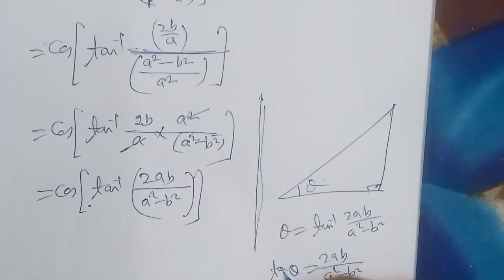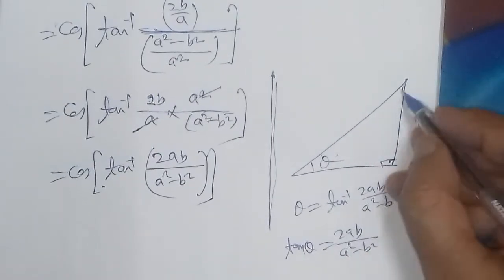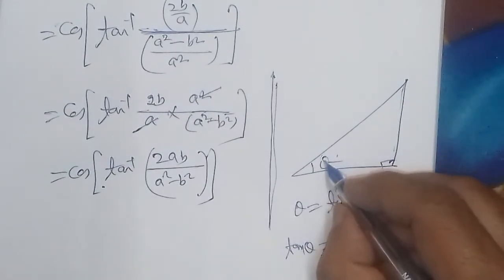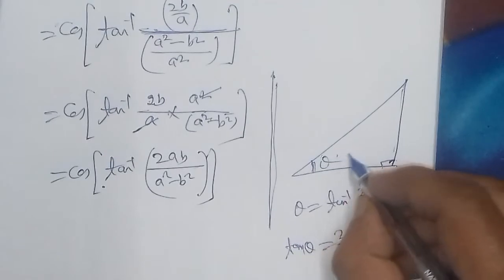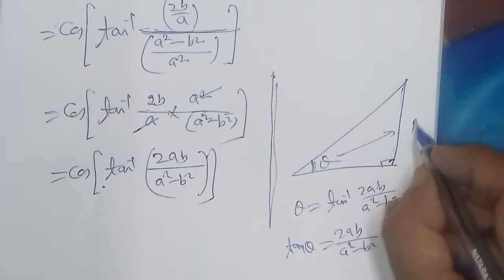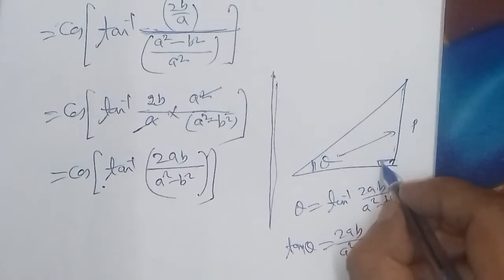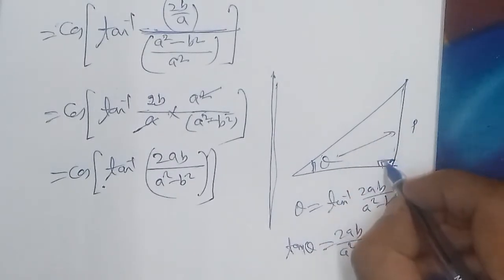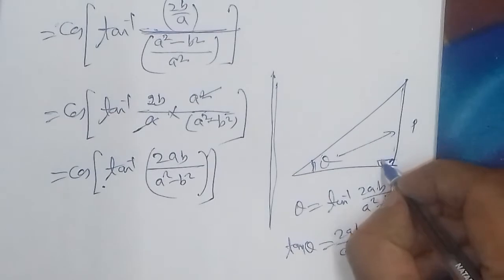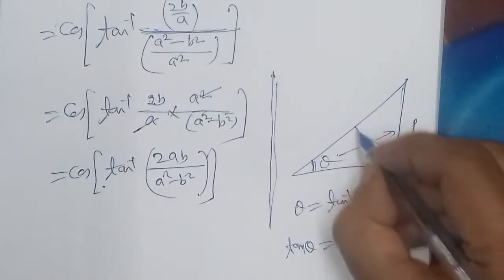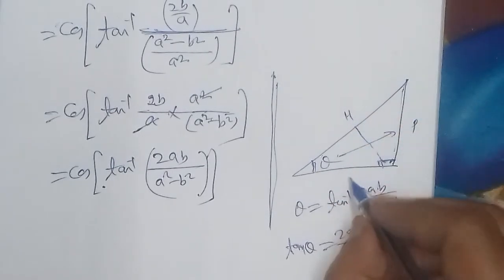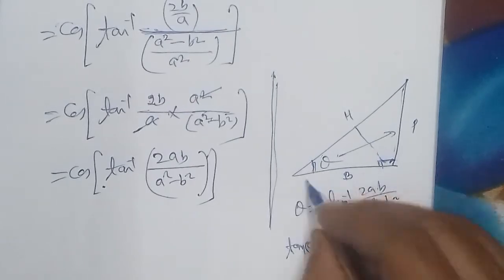We know that tan theta is the ratio of perpendicular and base. Perpendicular is opposite to theta, and base is the remaining side after we declare the hypotenuse, which is opposite to 90 degrees.